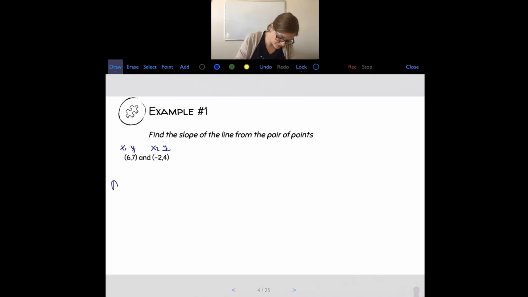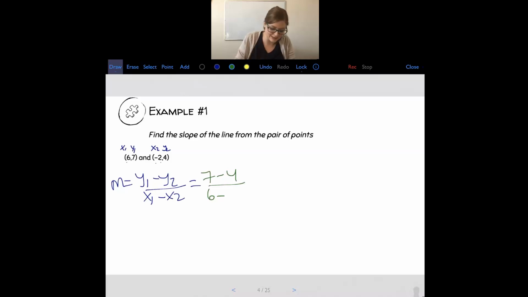For the first way, we take y1 minus y2 over x1 minus x2. So 7 minus 4 over 6 minus, the minus is part of the formula, taking the difference, and then we have negative 2. 7 minus 4 is 3, and 6 minus a negative 2 is 8.